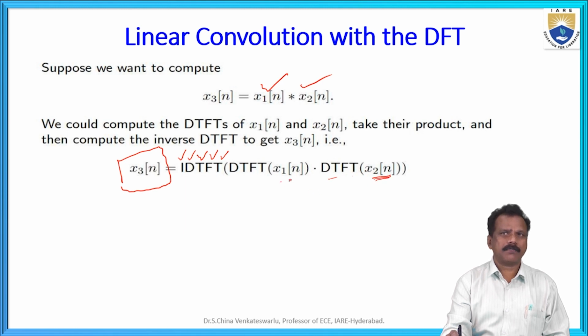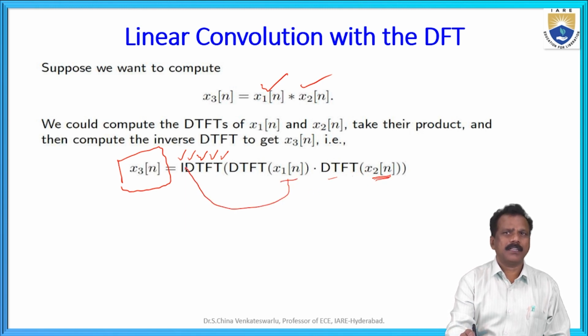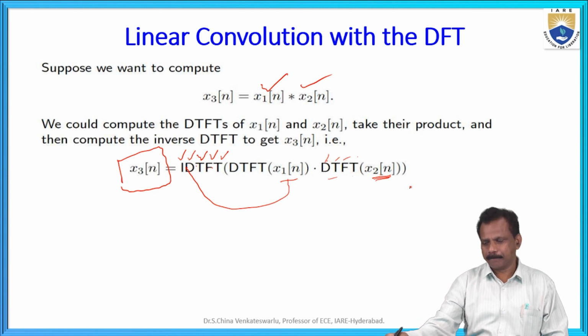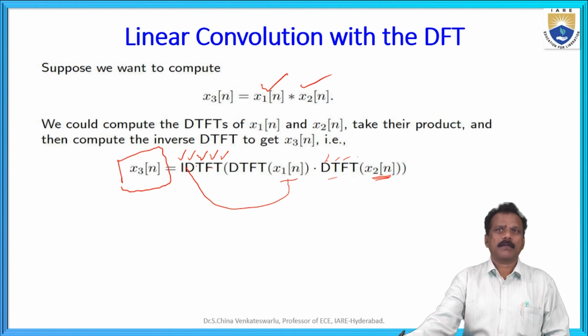So compute the discrete Fourier transforms of x1 of n and x2 of n, take their product, and then compute the inverse discrete Fourier transform to get x3 of n.